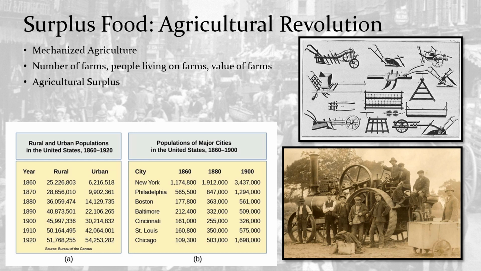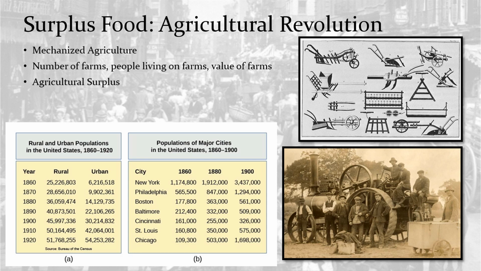So you start seeing the slow process of movement from the farm to the city. This is something that will take a while to happen, but it begins to happen during this period, largely because the agricultural revolution is fueling the industrial revolution taking place in places like New York, Boston, and other cities.